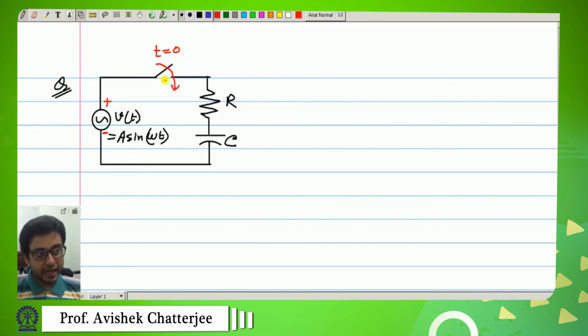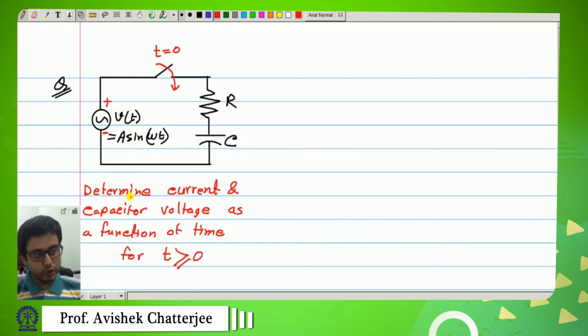That means before that this switch was open and no current could flow through this R and C. Now the moment you close this switch, current will start to flow through this R and C, and this is an AC source, so current will flow through this RC series combination and it will oscillate with time, and we want to know how that current or the voltage across the capacitor changes with time after the switch is closed. Okay, that is our problem.